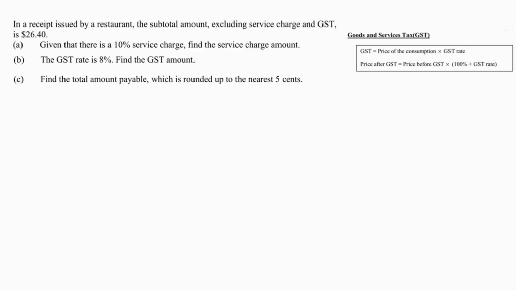Hello everyone, welcome to this problem on GST, Goods and Services Tax. So in a receipt received by a restaurant, the subtotal amount which excludes, this is important, service charge and GST, the Goods and Services Tax, is $26.40.